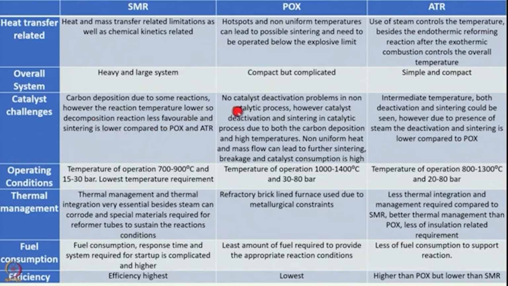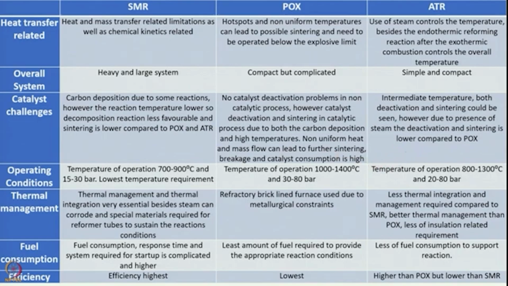In non-catalytic partial oxidation, there is no catalyst deactivation problem, but in catalytic partial oxidation both deactivation and sintering problems are there, and non-uniform heating and mass flow rate can lead to catalyst sintering, breakage and consumption. In autothermal reforming, the challenges are intermediate. Deactivation and sintering are there, but due to the presence of steam, deactivation can be reduced and sintering is lower than in partial oxidation.